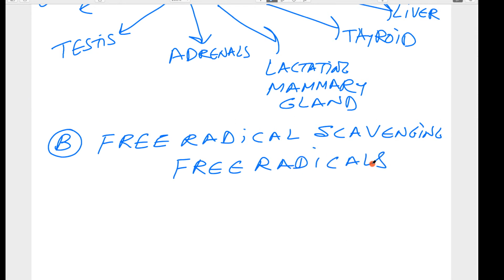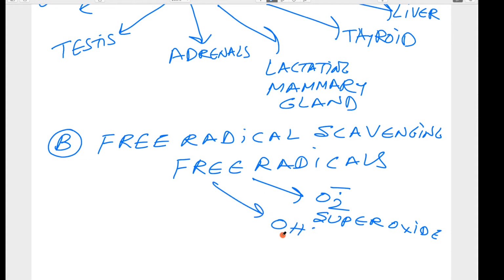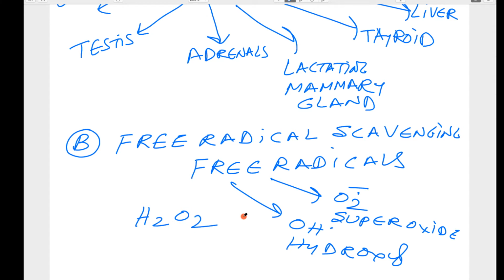A free radical is an atom or molecule that has an unpaired electron. It is always looking for another electron, and that is the reason it is very active. One is the superoxide radical. Then there is the hydroxyl radical. Apart from these, there is a non-radical, H2O2.